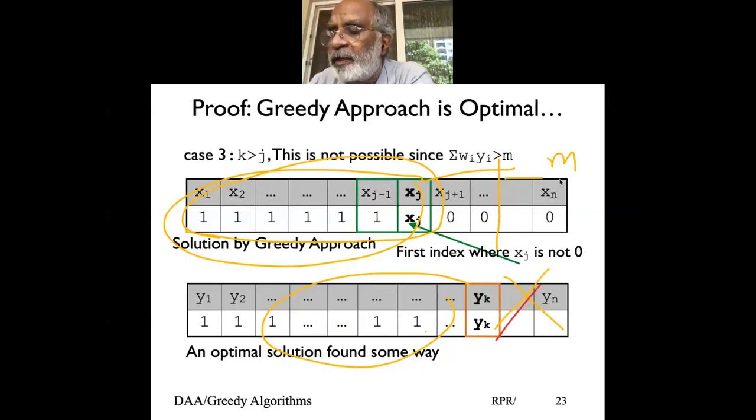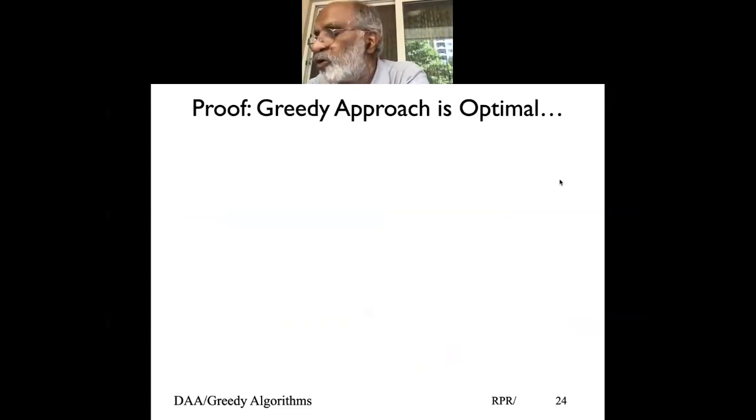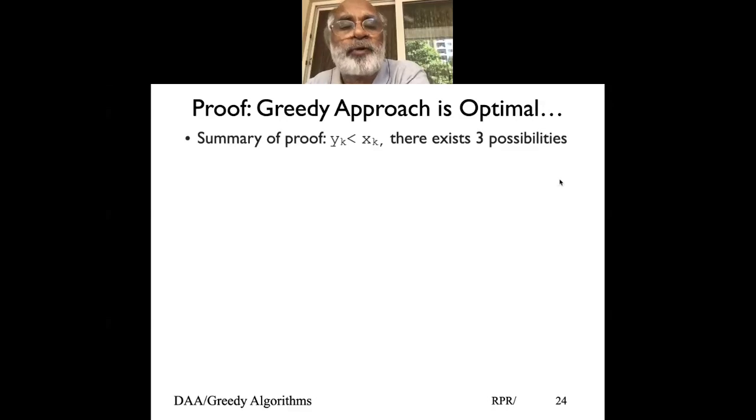So we cannot have a case where k is greater than j. So only possibility is either k is less than j or k is equal to j. And we look at in both the two cases how our greedy approach solution is equal to our optimal solution. Consider in that way.